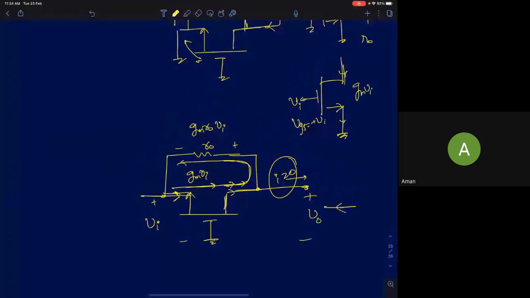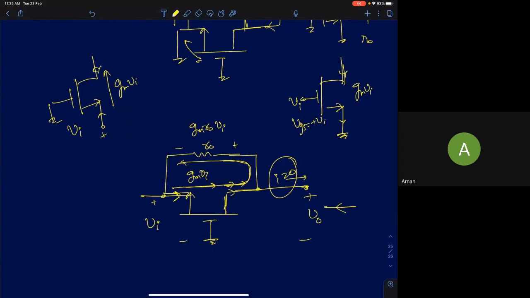On the other hand, if you have source voltage higher than gate voltage by Vi volts, then you will have a current flowing from source to drain, because it is actually Gm into VGS. VGS is minus Vi. Actually, you will have a current minus GmVi flowing from drain to source. Invert the sign, change the direction. So you will have a current GmVi flowing from source to drain.